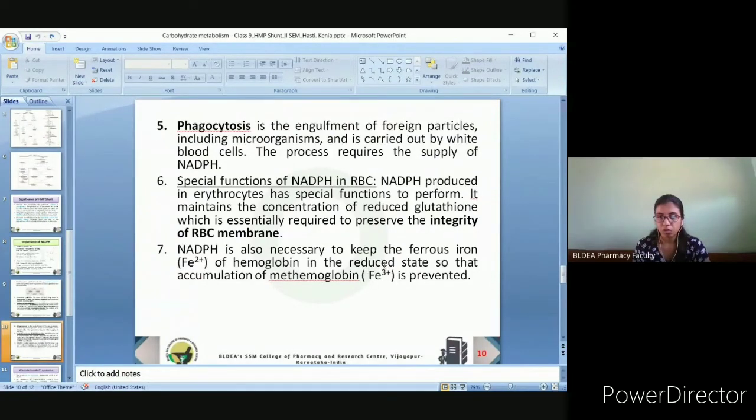This ferric ion form is also known as methemoglobin. Methemoglobin also tends to cause hemolysis. If the concentration of ferric ions increases, they will also tend to cause hemolysis. Glutathione as well as ferric ions will both tend to cause hemolysis if they are not converted into reduced forms. So this is how NADPH is very important in order to maintain different roles.